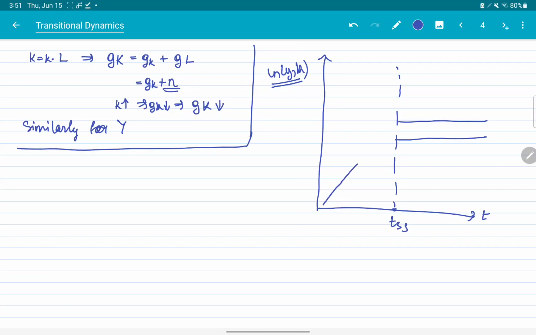So the graphs look like this, and you can see that the slopes are falling, it's becoming flatter, it's a concave curve, so to speak.